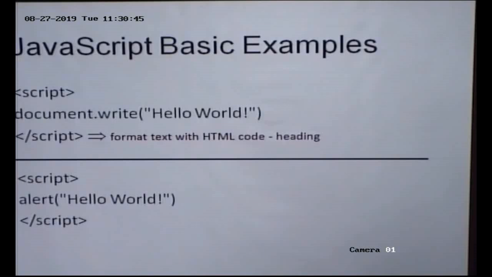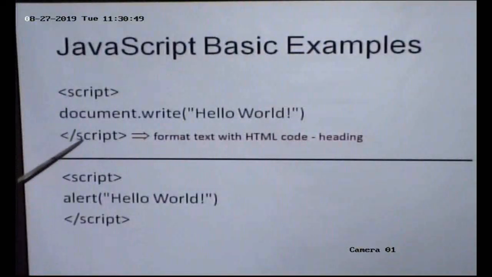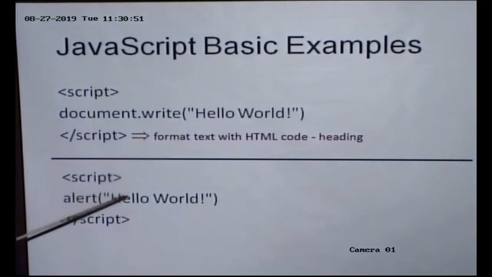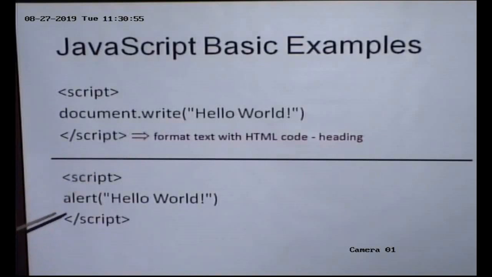One more example in JavaScript: you have already seen document.write hello world. This message will be displayed in the HTML body, whereas there is some other property.